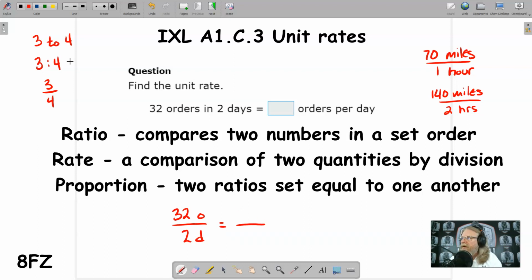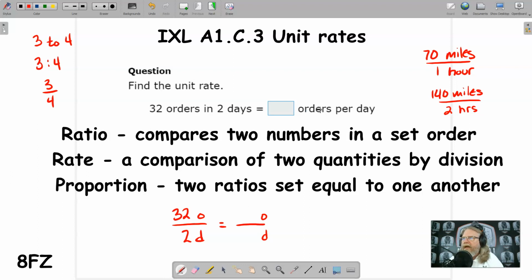Here it was boys to girls. Now we're doing orders to days. So we have to keep the labels in the correct position. If the numerator was orders, then over here the numerator is going to be orders. If the denominator was days, then the denominator over here on the right is going to be days.